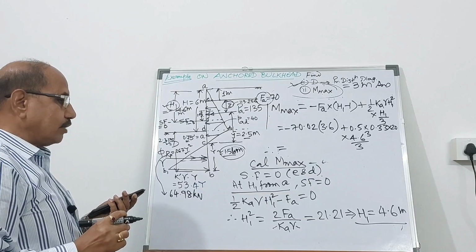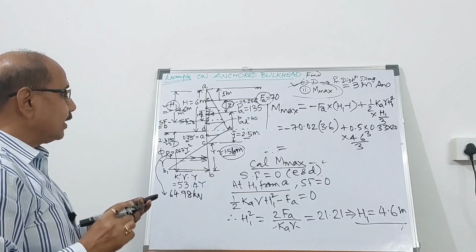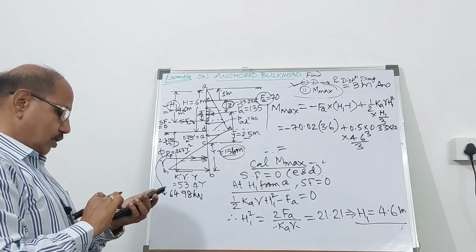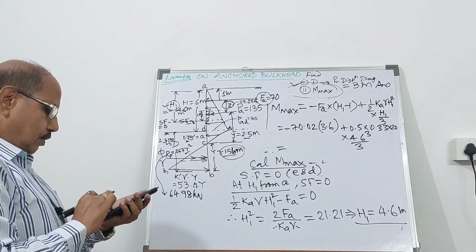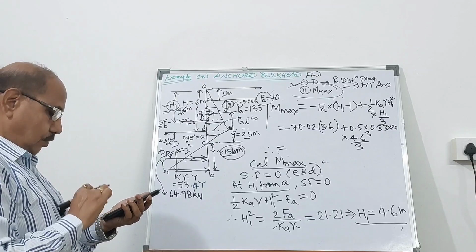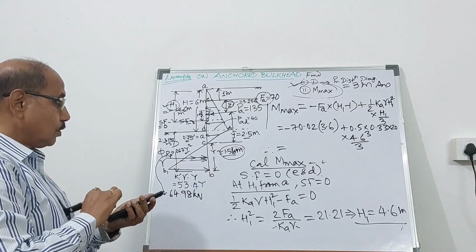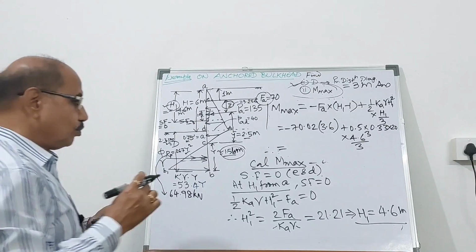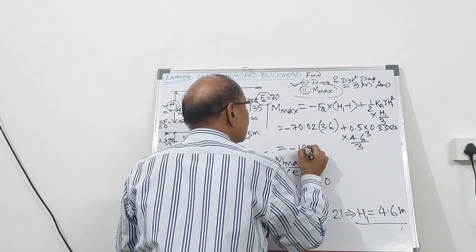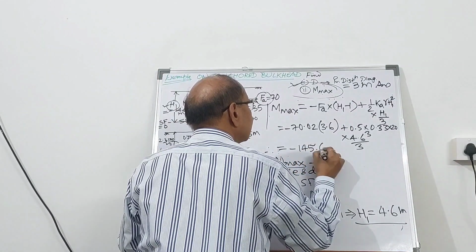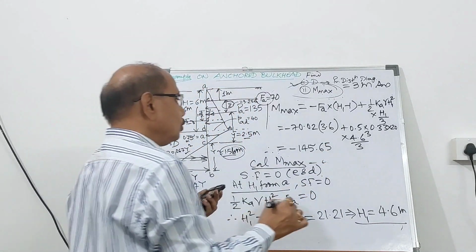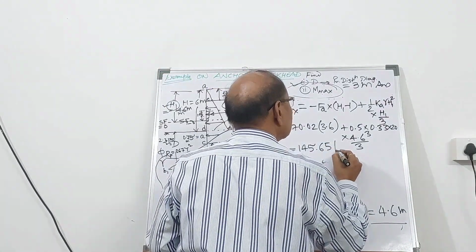So if you calculate it, you will be getting minus 145.65 kilonewton meter.